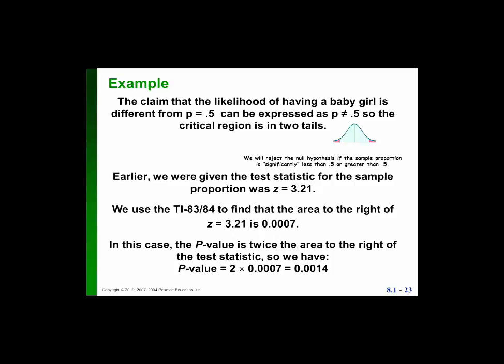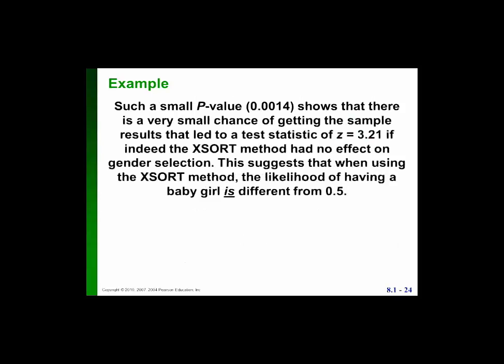Such a small p-value shows that there's a very small chance, less than a 1% chance, of getting the same results that were obtained in the sample if the XSort method had no effect. If the probability is actually 0.5 for having a girl, then the probability of getting that is less than 0.0014.